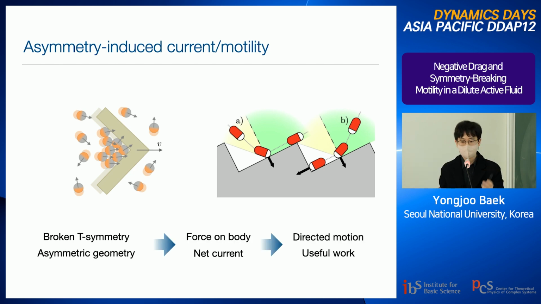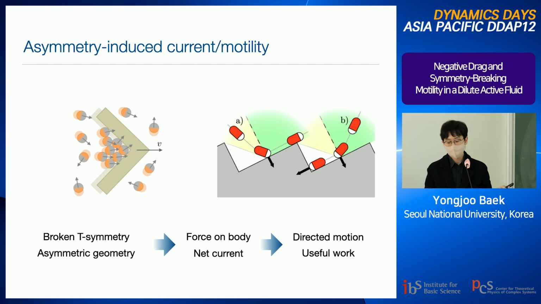So how can you distinguish a fluid consisting of these kinds of active particles from a fluid without any active particles? There's one simple method. You can basically drop an asymmetric object like this wedge shown here into the fluid, and then you can see what happens.